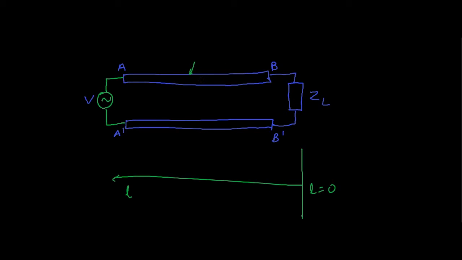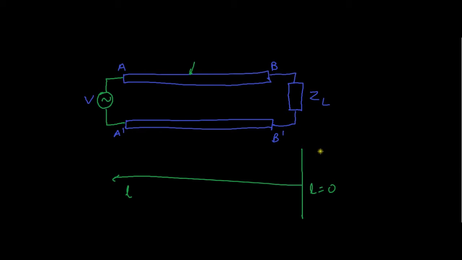So we need to have a proper notation. Any point is taken with the load end as reference. From now on, whenever we say at any point on the transmission line, we mean the point is taken considering the load as the reference.